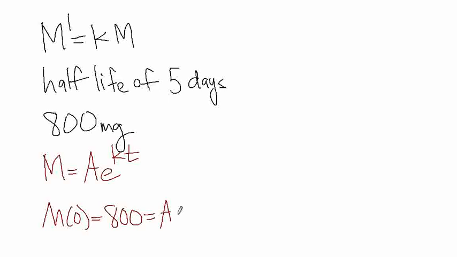And how many milligrams are we going to have 5 days later? Aren't we going to have half of what we started with? So m of 5 is equal to 400, which is equal to the function m evaluated at t equals 5. Let me write what that gives, and I'll substitute 800 for a.